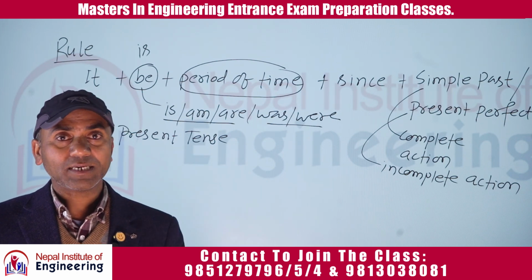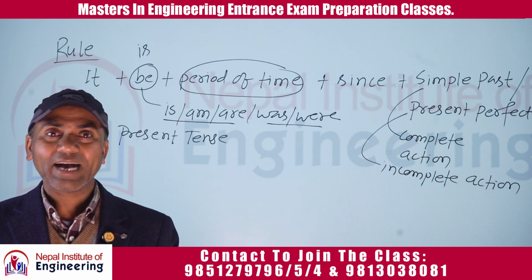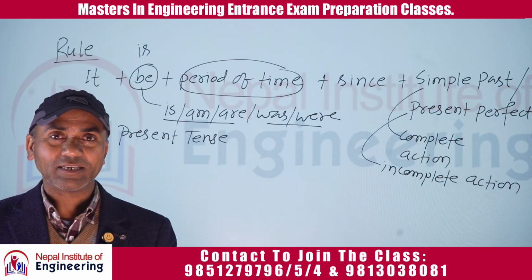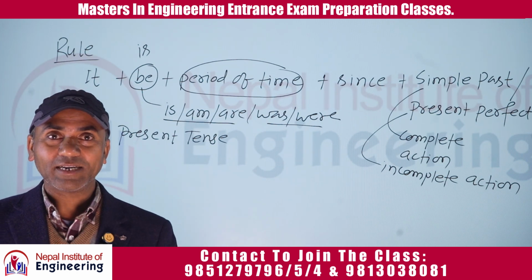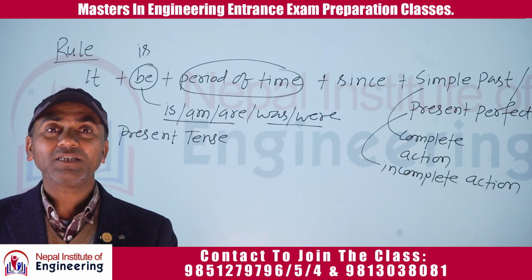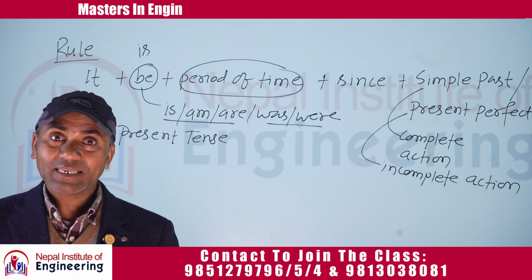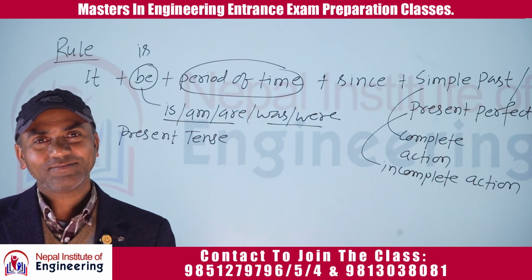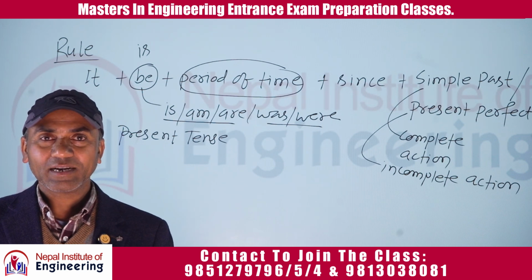Now in the first sentence you can't write it is 3 years since they have committed suicide. If you write it is 3 years since they have committed suicide, it means they have committed suicide for 3 years. It means they are still committing suicide. It doesn't have a good meaning.